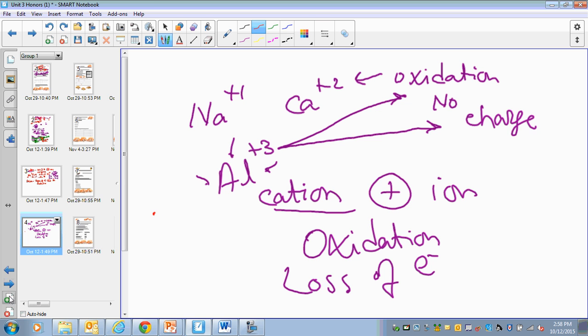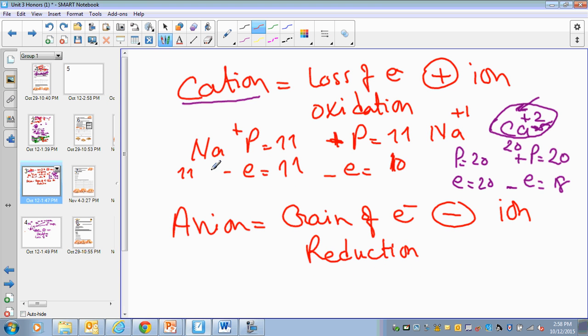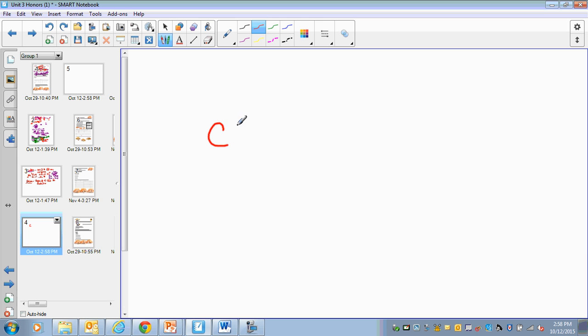So reduction is the anions. Let's say you have chlorine. Chlorine has 7 valence electrons, so when chlorine gains 1 electron, it makes it 8. Earlier chlorine had 17 protons and 17 electrons. That was the dot diagram, chlorine with 7 valence electrons.